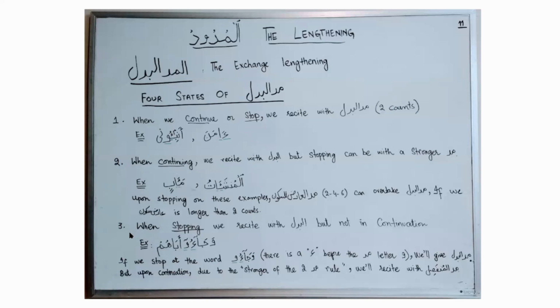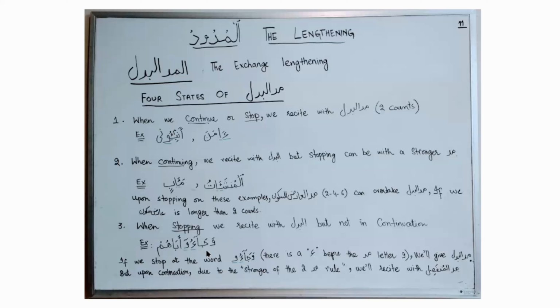The third state is when madul badal is observed when stopping, but not when we are choosing to continue our recitation. If you see in this example, the first word is waja'u and the second word is abahum. If we stop at the first word waja'u, in this case, we can see that waw mad is preceded by hamza and we will recite it with madul badal by giving it two counts.